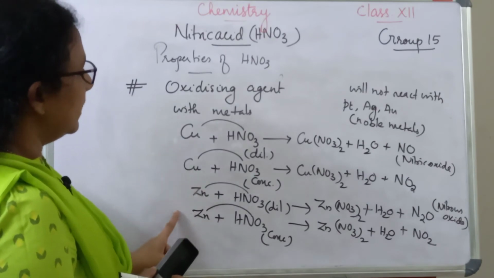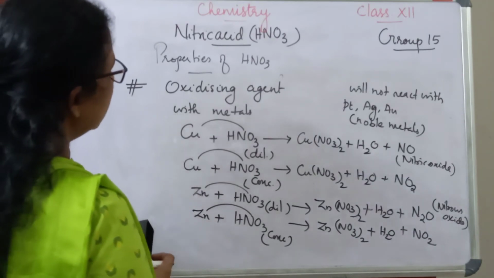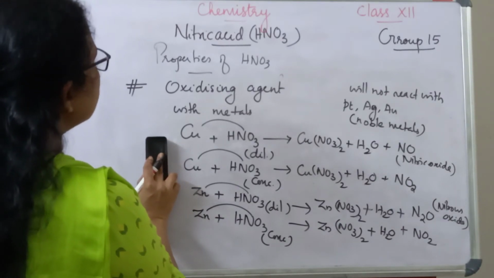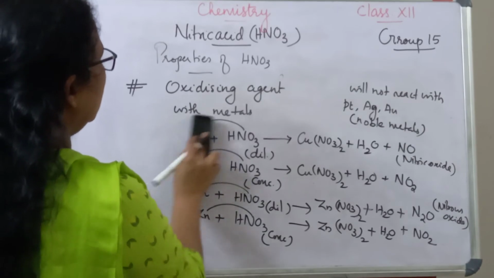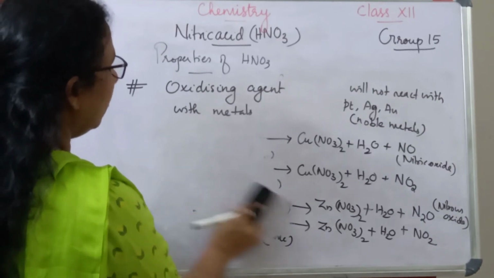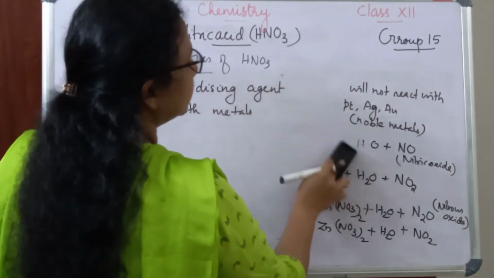So these are the chemical equations. You have to balance all these equations. I am not going to balance the equations. Now let us see another reaction, that is the oxidizing property of HNO3 with non-metals.